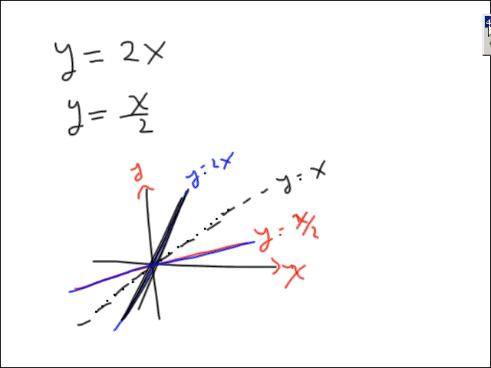It's the mirror image. Take a point on the line, go at a right angle to the line y equals x, and however far you went, go the same distance more, you'll find a point on the inverse.